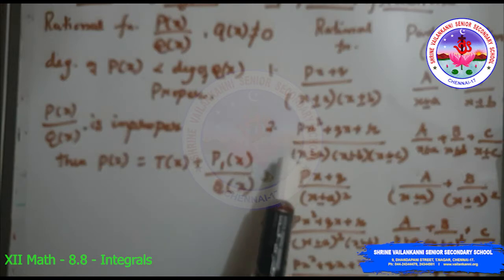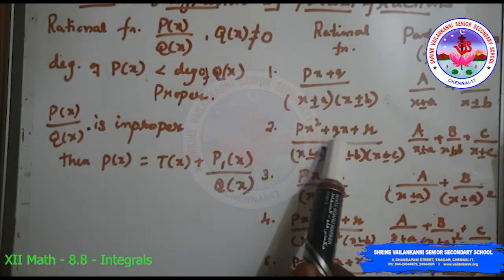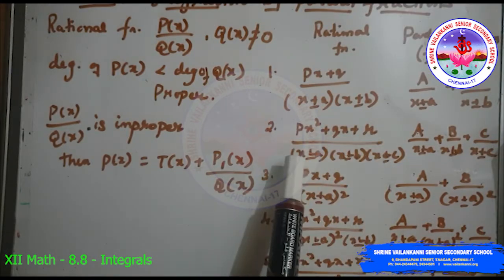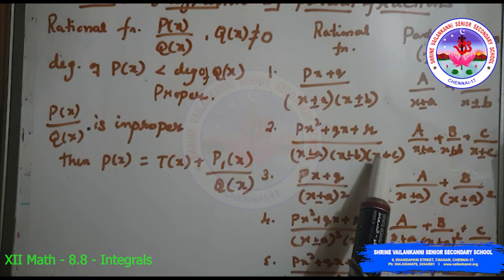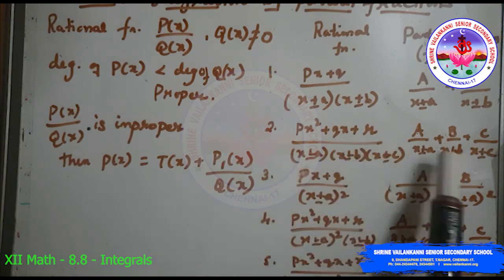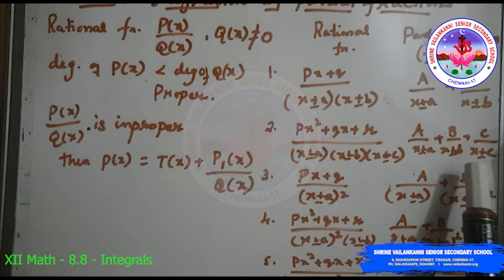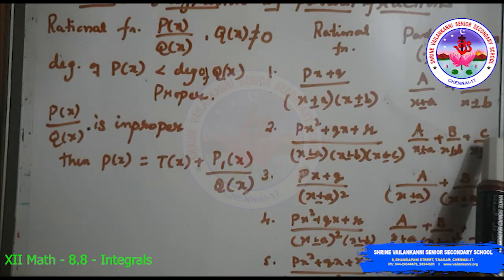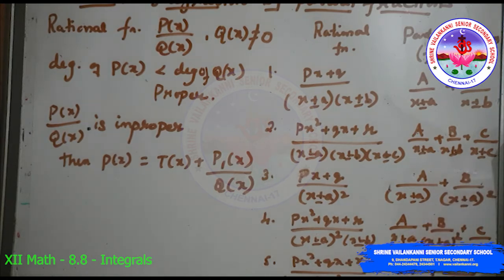If the rational function is in the form of px square plus qx plus r by x plus a, x plus b, x plus c, or x minus a, x minus b, x minus c, it is written in the form of a by x plus or minus a plus b by x plus or minus b plus c by x plus or minus c in the partial form.